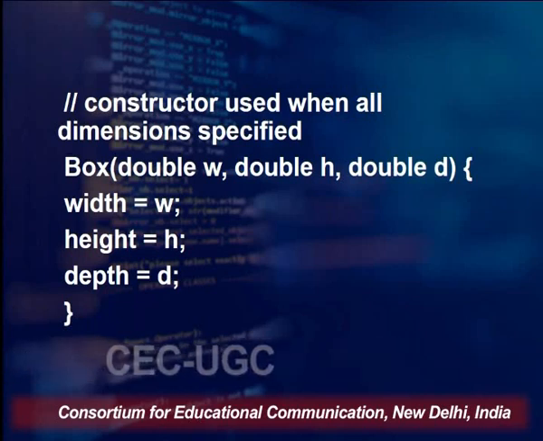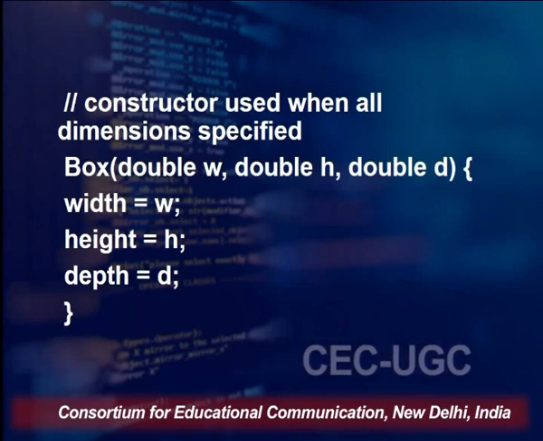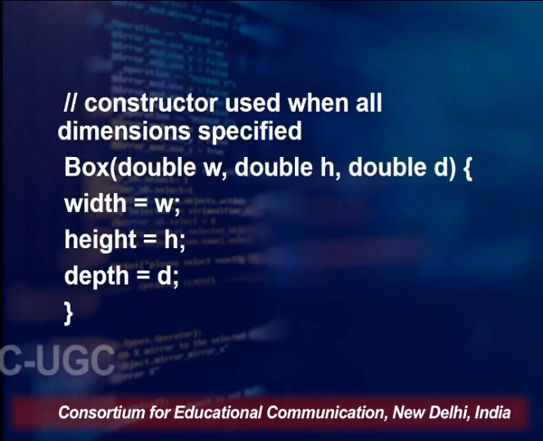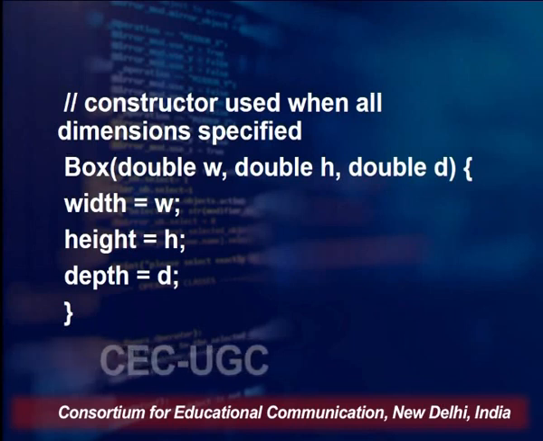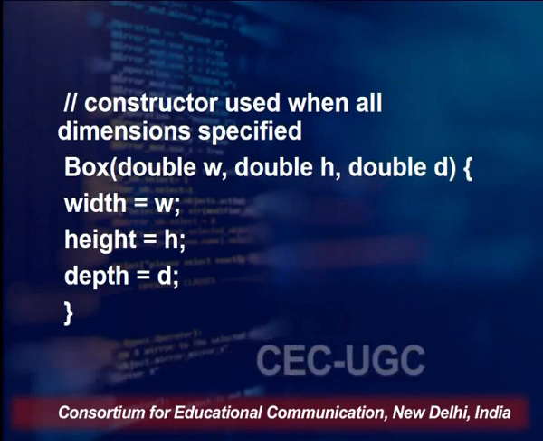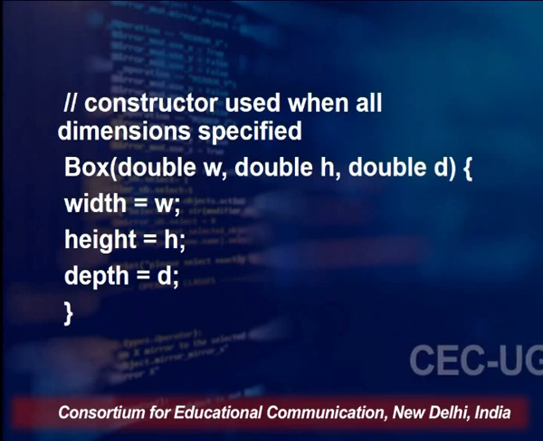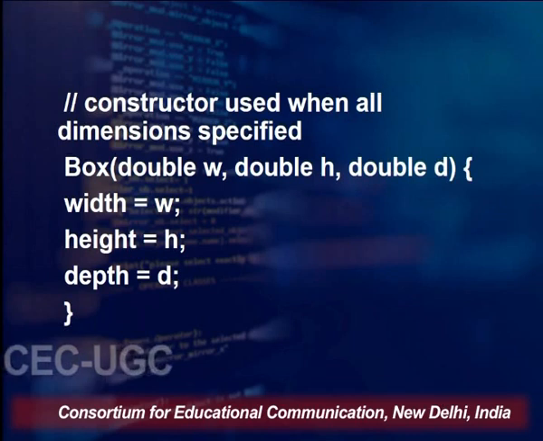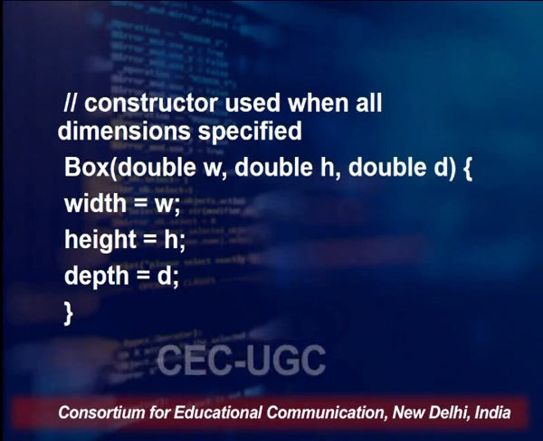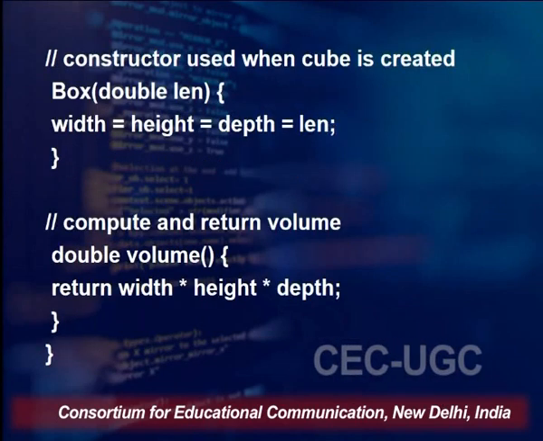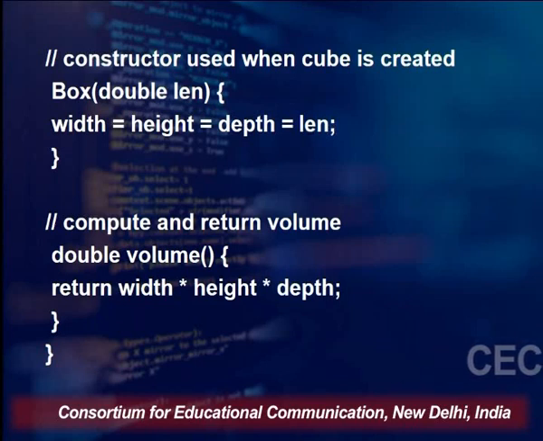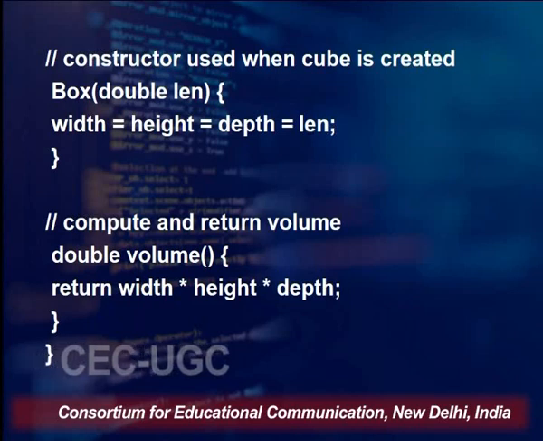Then the next constructor has no dimensions, and it is used to indicate an uninitialized box with all the values as -1. So in the constructor box with no parameters, width equals -1, height equals -1, depth equals -1. Finally the constructor of the class box using which a cube is created, and only one parameter, len, is passed.